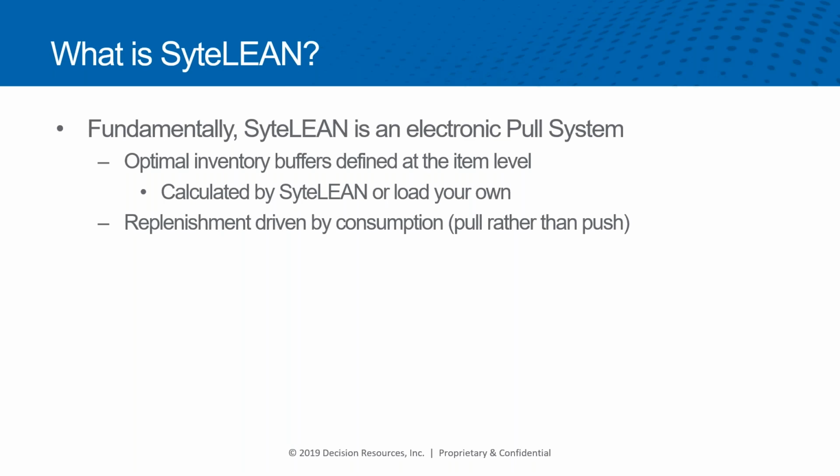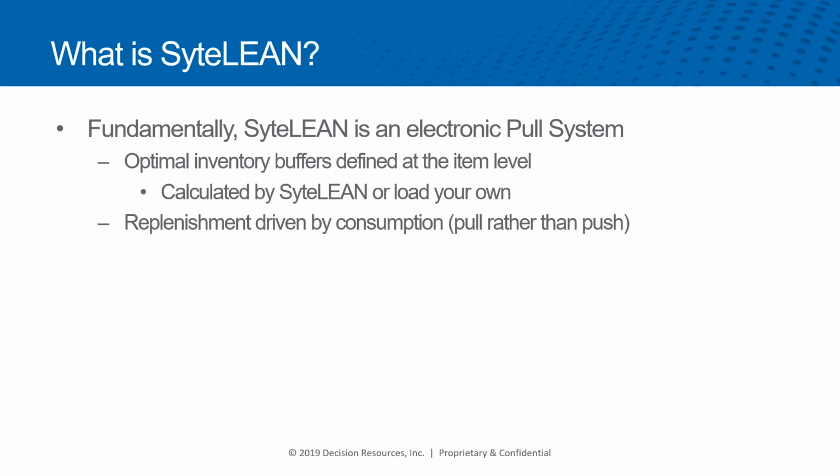Sometimes they're mechanical, sometimes they're, in this case, electronic. There's a lot of different ways people implement Kanbans. This is an electronic Kanban, an electronic pull system, and SyteLEAN's focused on making sure that those inventory buffers are easy to calculate and sync up to your current environment.